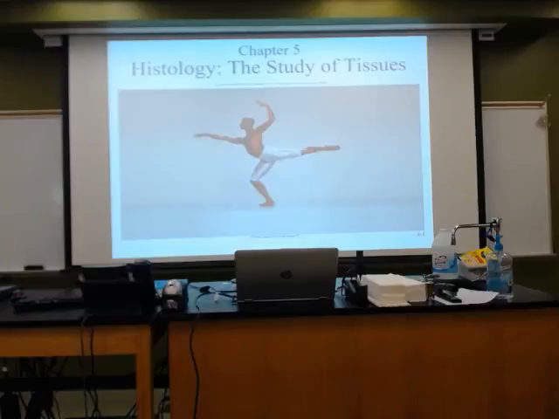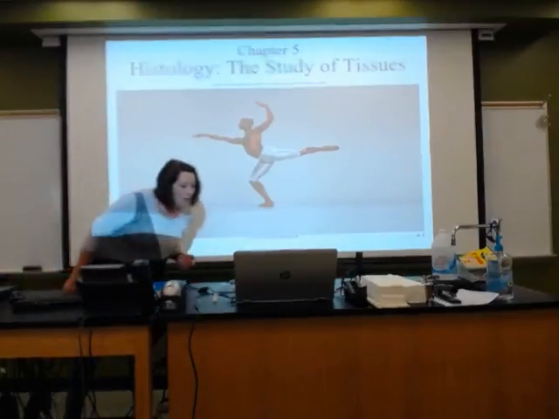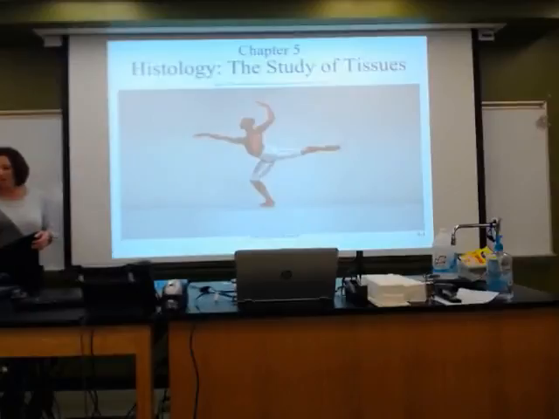We're going to have to think a little bit outside the box about our cells. We've got lots of different tissue types, probably over 200 within the body, and we're going to see how they make up all these different parts of the body.